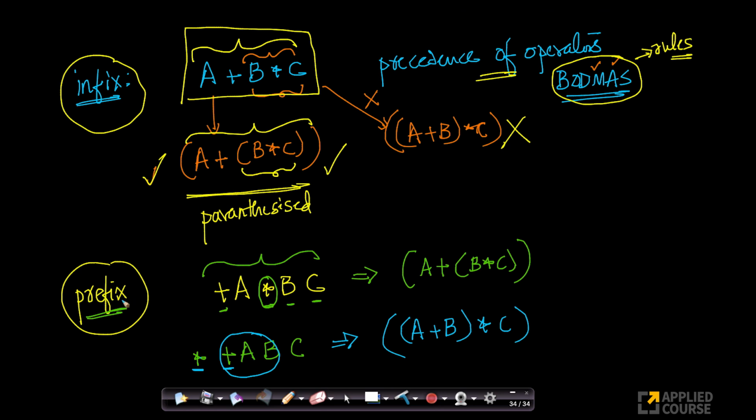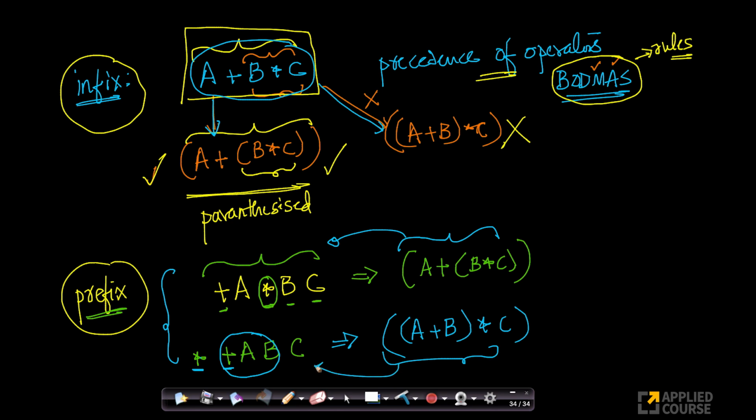So when I write something in infix notation like this, it could be interpreted as this or this if I don't have parenthesis and if I do not know the precedence of operators. This could be interpreted in both ways, right? I can place parenthesis the way I want. But the moment I write the same thing in prefix, this expression will have a different prefix as compared to this expression, right?